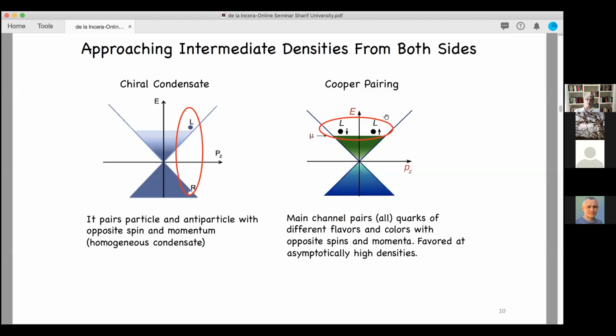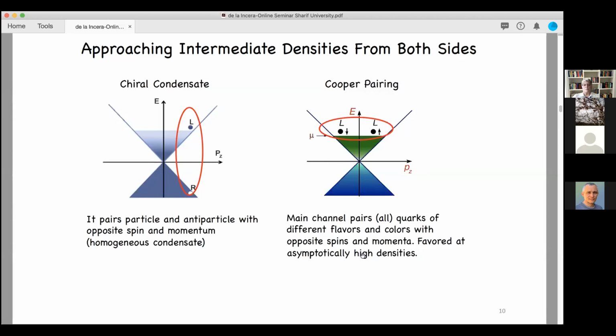This is the phase that is realized, color flavor lock, where all the quarks pair, all the flavors and all the colors pair between them. It will produce a condensate that is homogeneous, and it has spin cancel out, but it's only favored at asymptotic densities.